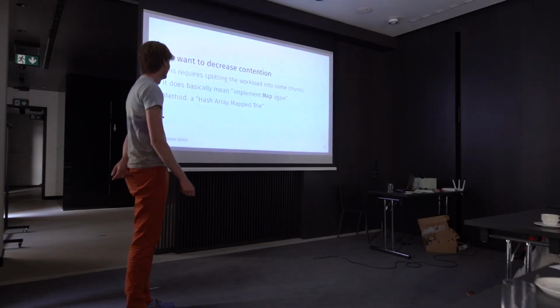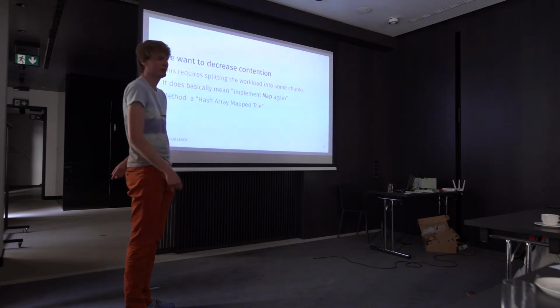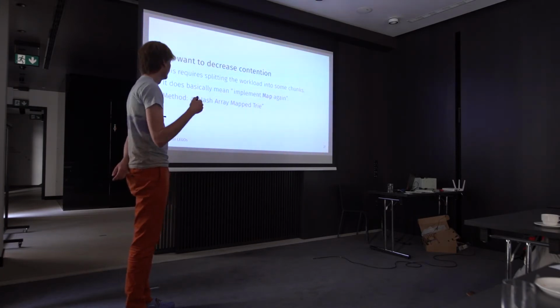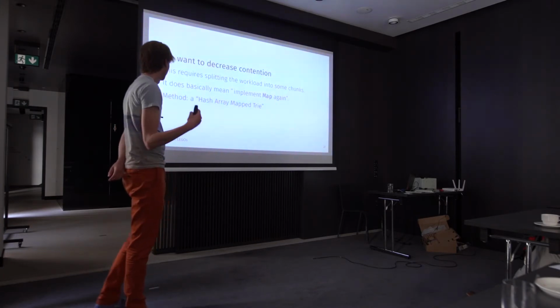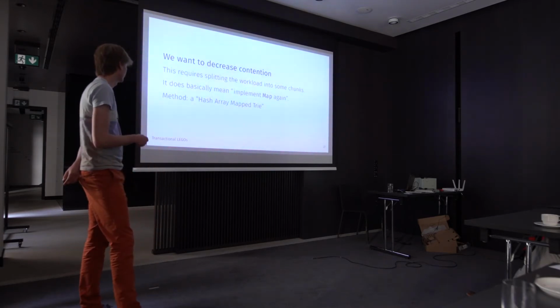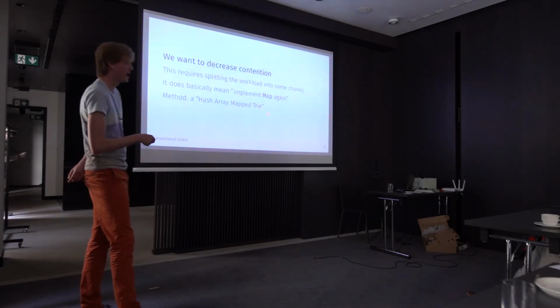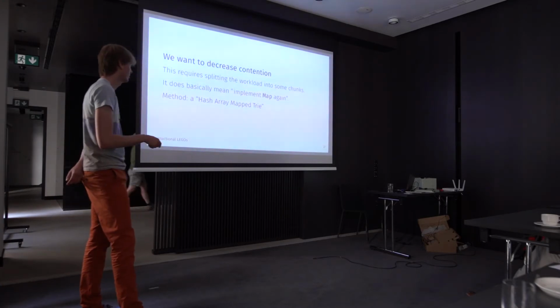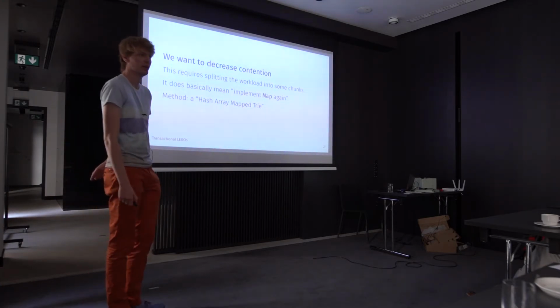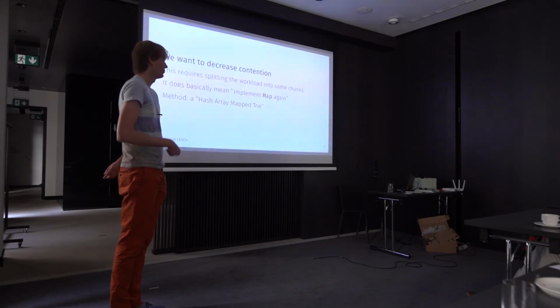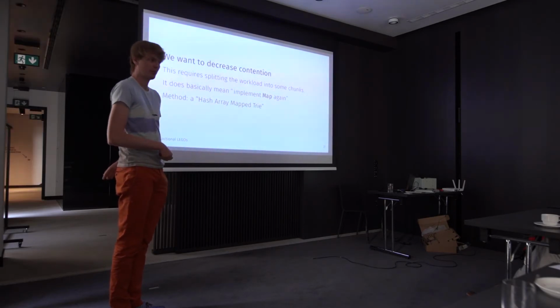In the case of the STM containers library, it means implementing the map again, or the backend. And there is this thing which is called a hash array mapped tree, or trie. There's different kinds of pronunciation, which is a way of implementing maps.